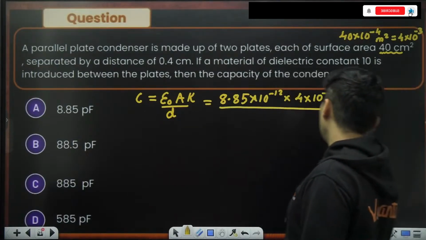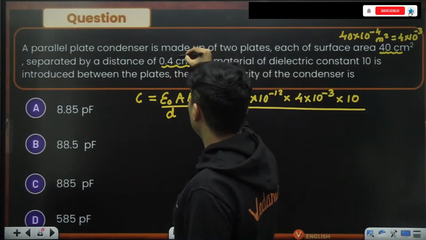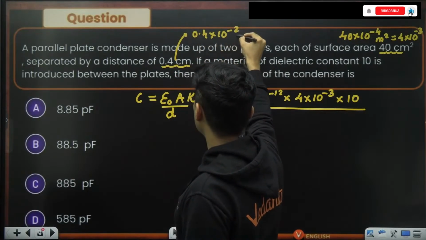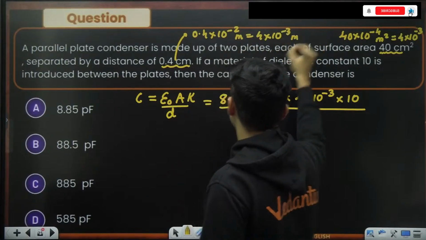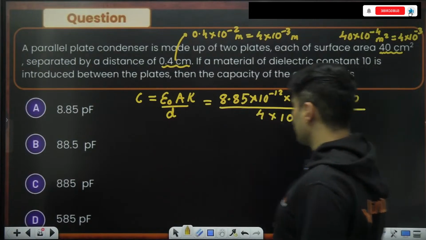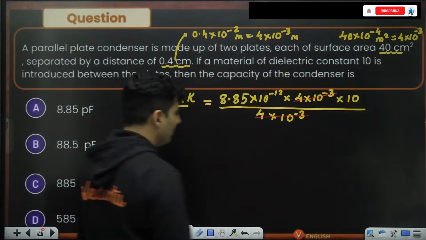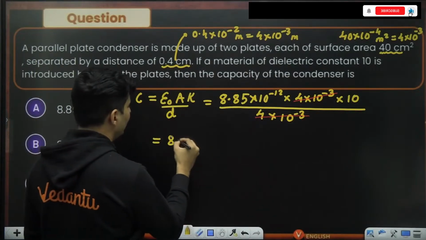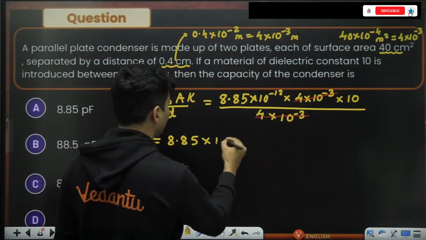The whole thing divided by the distance, which is 0.4 centimeter. 0.4 centimeter is 0.4 into 10 to the power minus 2 meters, which is 4 into 10 to the power negative 3 meters. Couple of things get cancelled, this one and this one. 4 into 10 to the power minus 3 is getting cancelled. I'm left with 8.85, minus 12 and 10.